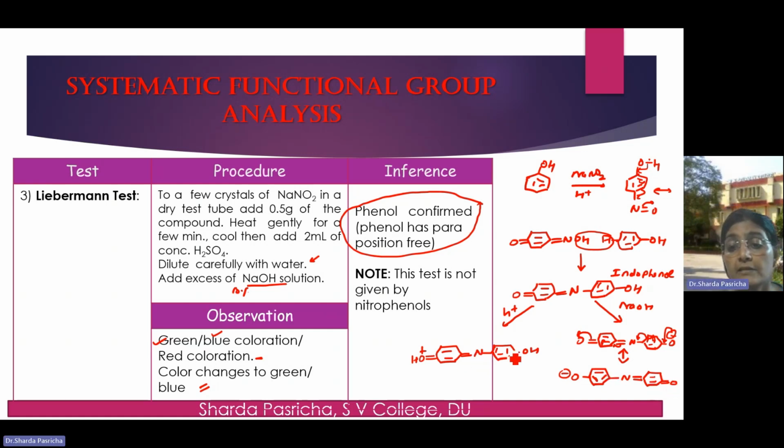And this can similarly stabilize by resonance. Very interesting example of acid-base chemistry.